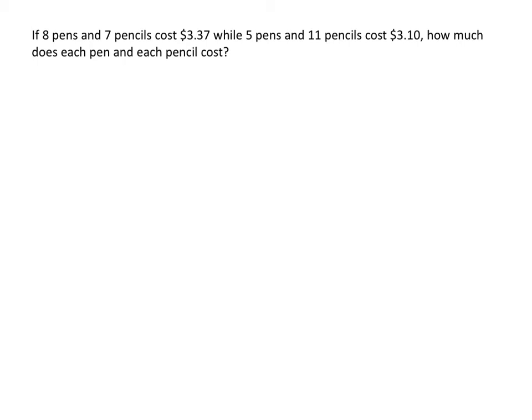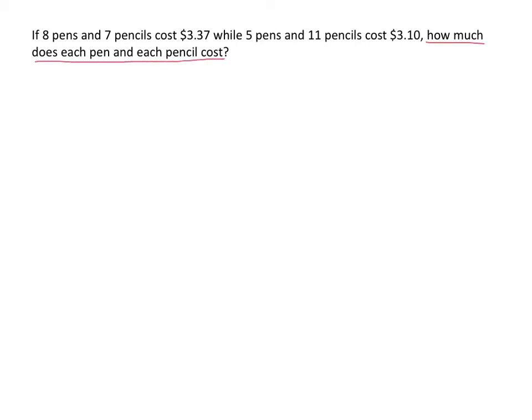This next section uses systems of equations with word problems, and the hardest part about this is getting the equations written correctly. One thing that I strongly suggest is identifying your variables at the very beginning, and the way that you'll identify them is by looking at the question. How much does each pen and each pencil cost?